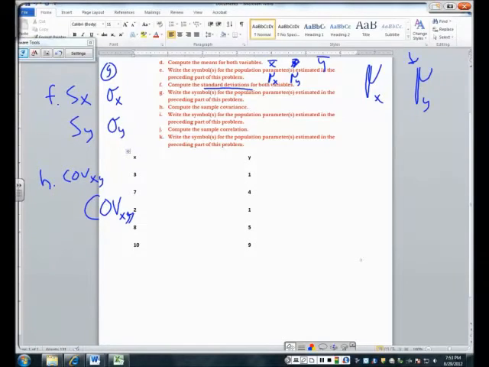It does become important in more advanced statistics, but for our purposes, covariance is primarily something we use as an intermediary number to get to sample correlation. And so in Part J, we're going to compute r, the sample correlation, and then the parameter for that, Part K, is rho.